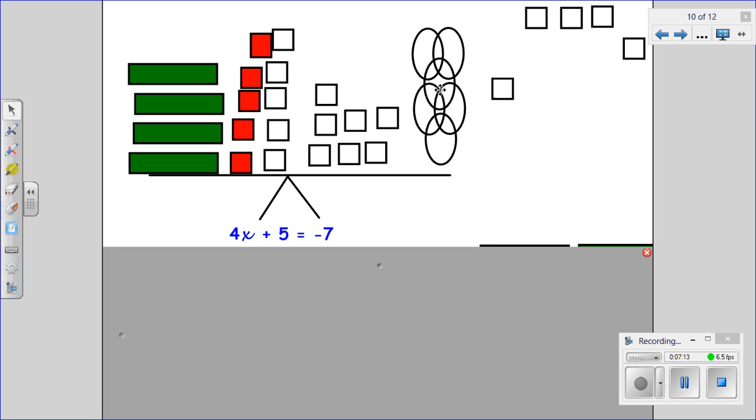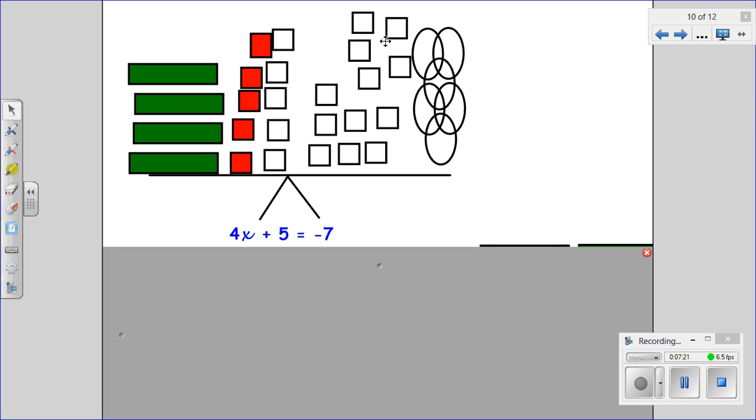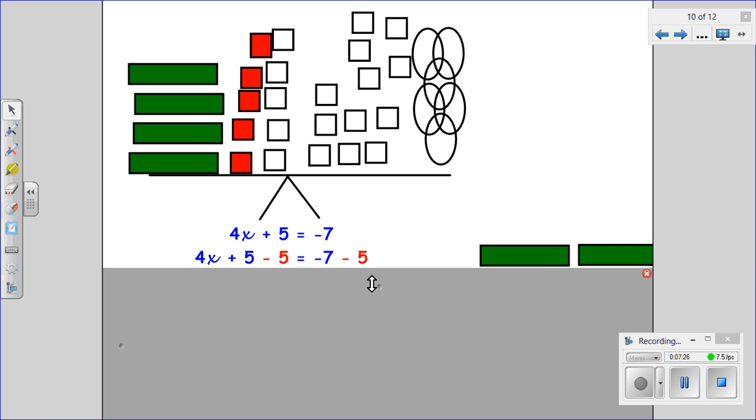If I add 5 negatives to the left, I have to add 5 negatives to the right. So I put 5 negatives on the left and 5 negatives on the right. And then I've got some 0 models happening here. That's a 0 model.